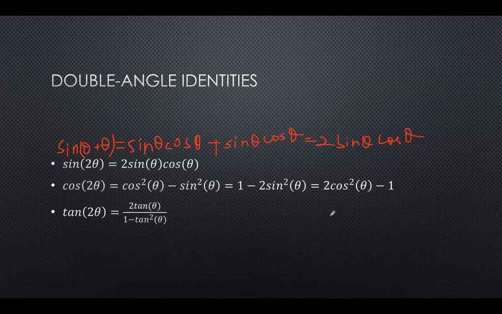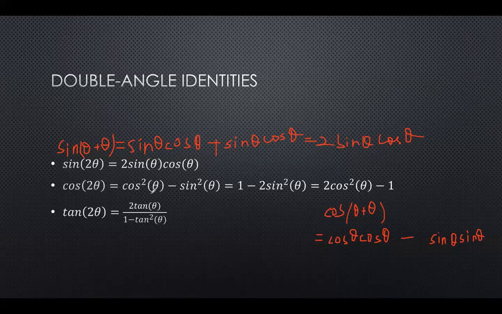So for cosine of 2 theta, again it's another sum identity of cosine. For cosine identities, cosine stays with cosine and sine stays with sine, and when you have the sum, it becomes difference.